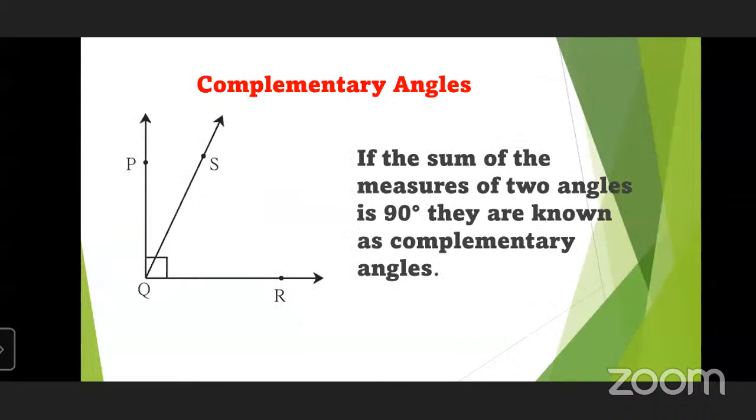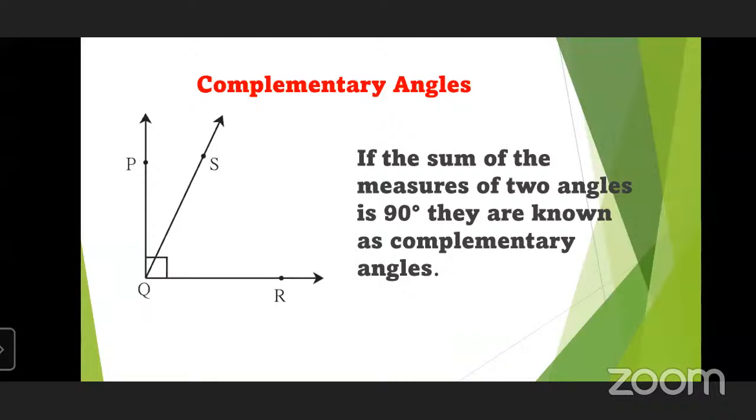Now complementary angles. Complementary angles are two angles that measure 90 degrees. It means the sum of the measurements of both the angles is 90 degrees.